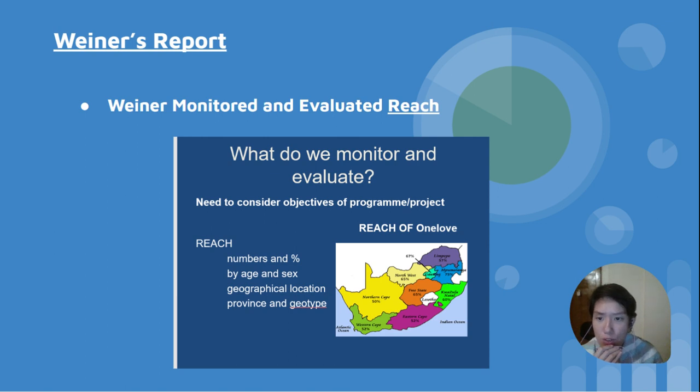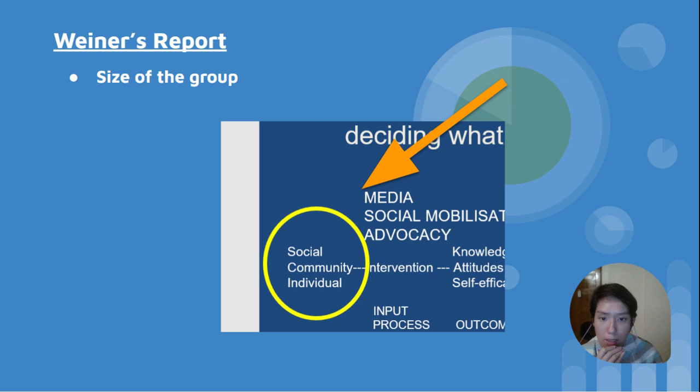The usual details such as age, sex, location, which nowadays are automatically embedded in platforms. Should we start a campaign? And of course, we need to consider the size of the group that we are evaluating. Are we measuring behavioral change of a society, of a community, or of an individual?